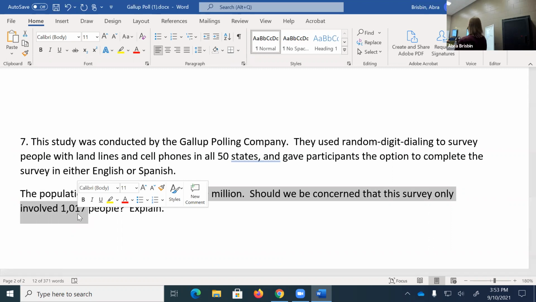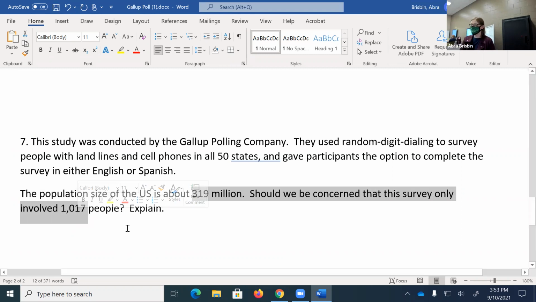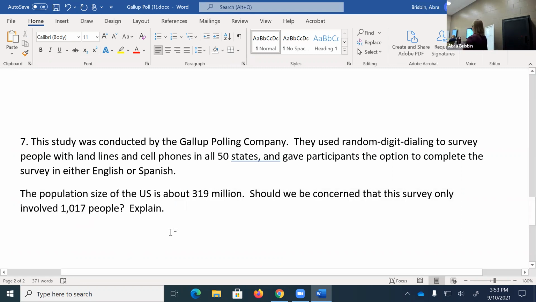So is 1,000 like, in general, the number? That's a good question. No, I would say often you can get good results with a sample size of a few hundred. I think 1,000 is something that the Gallup Poll often uses because they're trying to survey people from all 50 states, so they want to make sure they get some people from all those states.